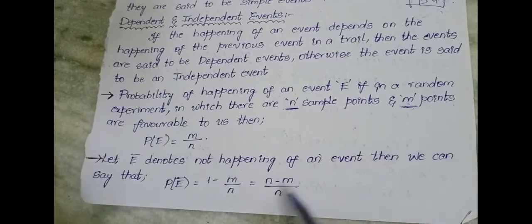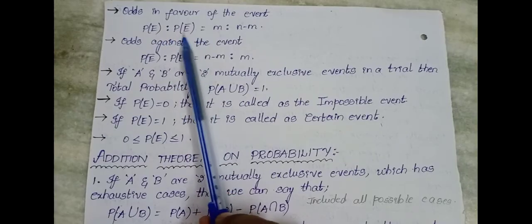Let E bar denote the not happening or non-occurrence of an event, then we can say that P of E bar is equal to 1 minus P of E, that is, 1 minus the happening of an event, that is P of E, 1 minus m by n, that is equal to (n minus m) by n.